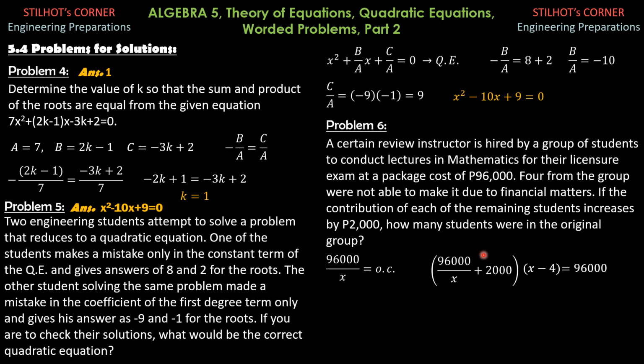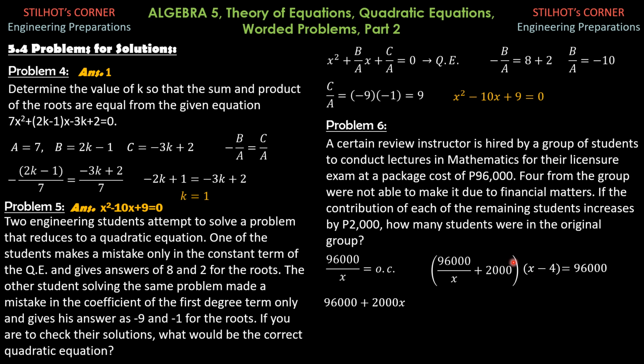So simplifying by distributing: 96,000 minus 96,000 times 4, so plus 2,000x. So x times 96,000 over x is 96,000. X times 2,000 is 2,000x.